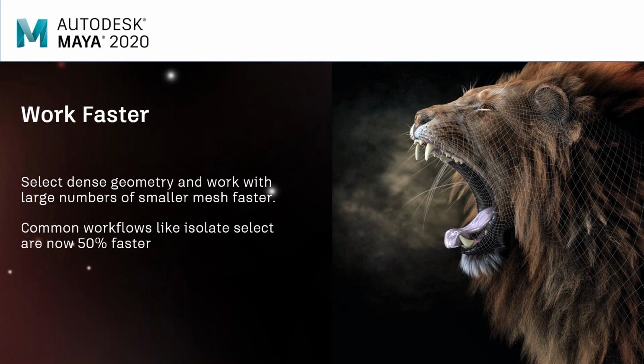When it comes to snapping, you'll also find there's been a massive improvement in performance with simple things like snapping tool sets within the viewport in Maya 2019 and 2020.